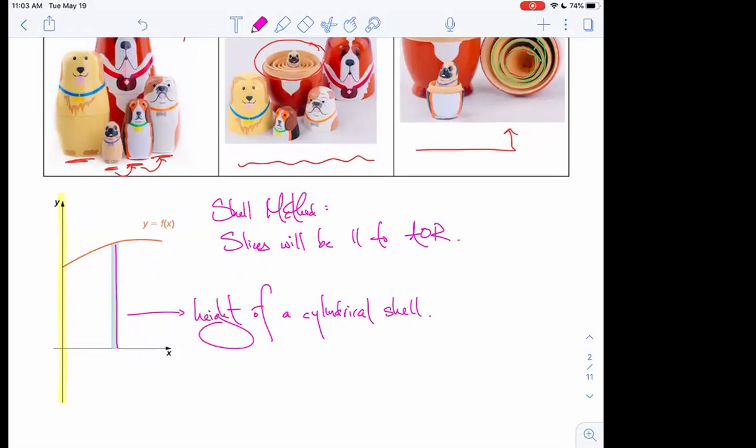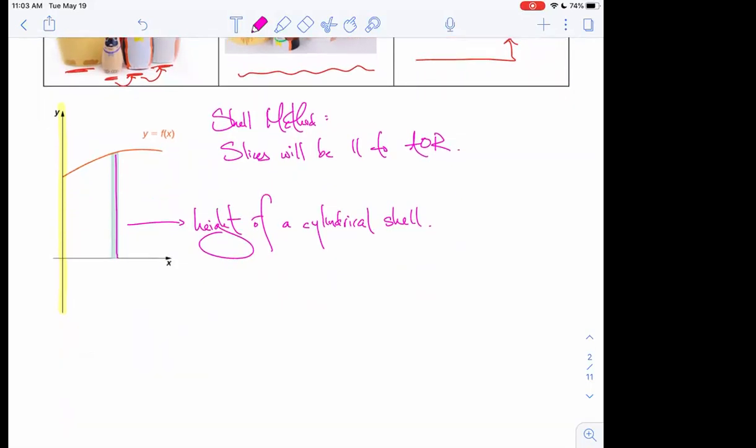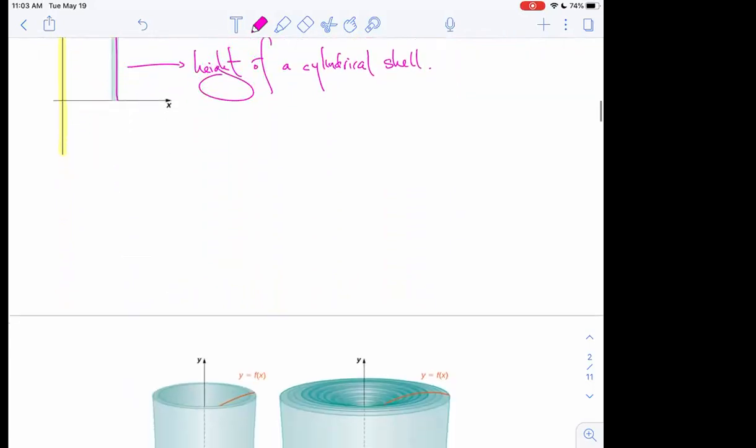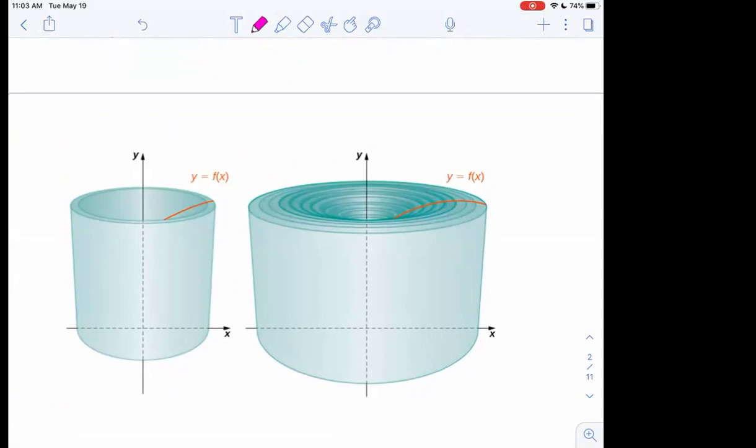So let's see what this looks like when we actually revolve it. If I take this shape and revolve it around the y-axis, I'm going to get a situation kind of like this, okay? Even though the dogs was kind of a funny intro to what a shell looks like, you can see that it follows that same idea, where you have skinnier tubes, or skinnier shells, on the inside, and as you go out you are expanding, like each shell is a little bit bigger than the one before it, okay?